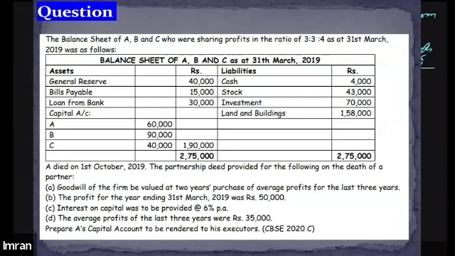The profit for the year ending 31st of March 2019 was 50,000. Interest on capital was to be provided at 6% per annum. Average profit of the last 3 years was 35,000. We need to prepare A's capital account to be rendered to his executor.